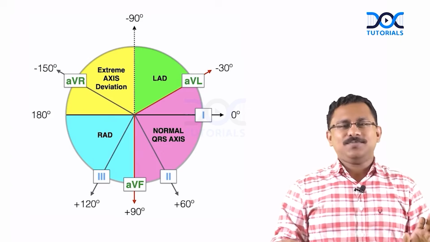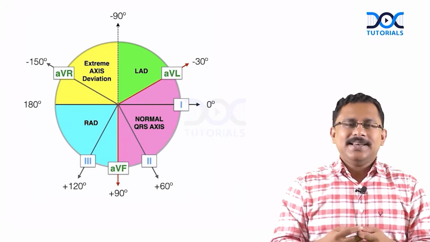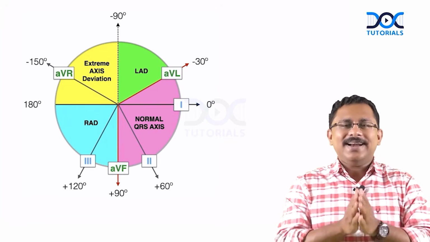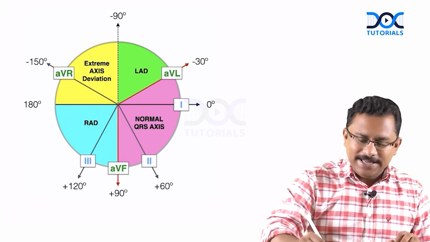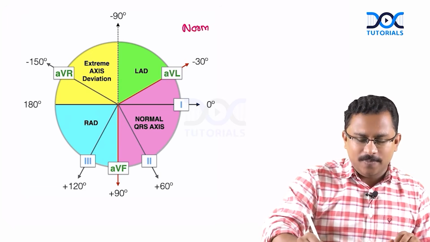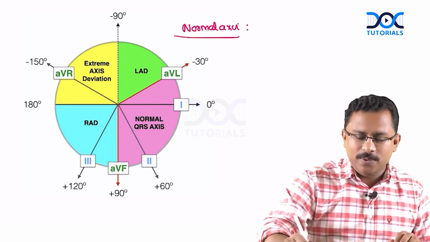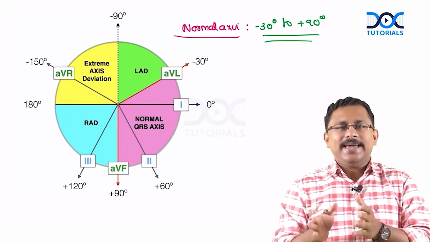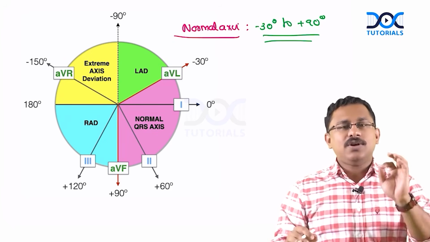Now I am sure that you have understood what a cardiac axis is. Putting it in mathematical terms, the normal axis of the heart will fall anywhere between minus 30 degree to plus 90 degree. In this pink area in the graph, anywhere the net axis falls, you call it normal axis.